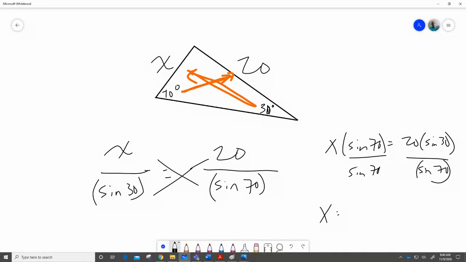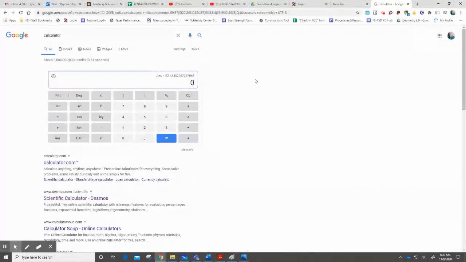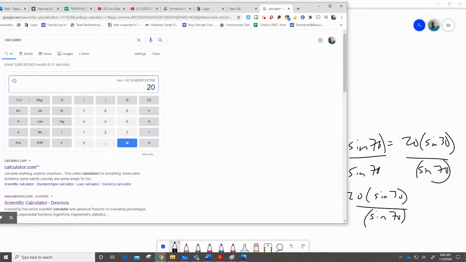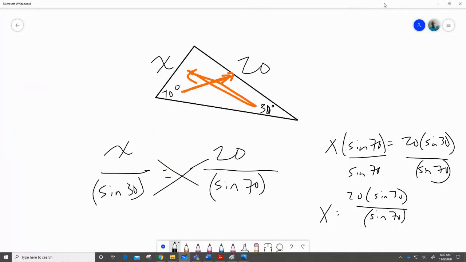So x equals 20 sine 30 over sine 70. And from there, calculator. 20 sine 30 divided by sine 70. We get our missing side, 10.6.